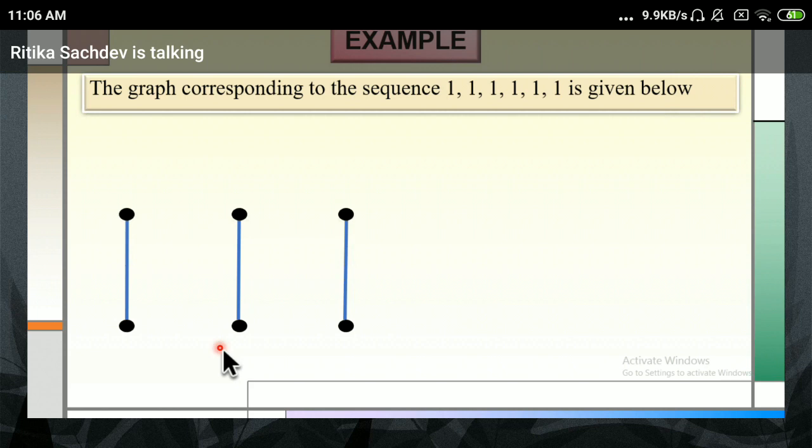The first part was whether that sequence is graphical or not. If it is graphical, draw the graph. So we are finished with the first part, stating that yes, it is graphical. Now my second job is to draw these graphs. If you have any doubts till now, please ask. Otherwise, I'll proceed further. If you don't have any doubt, put up no doubt over there.